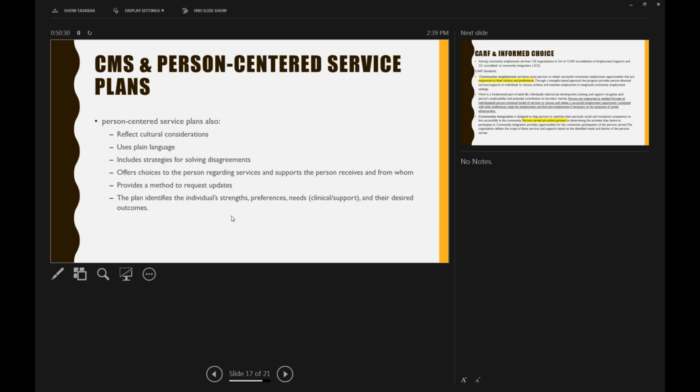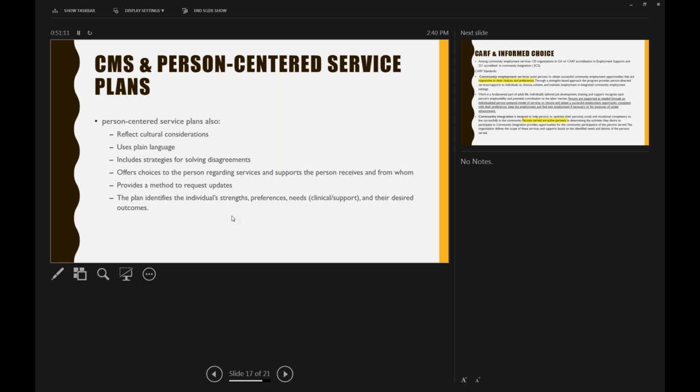I believe oftentimes agencies have a template for the different service plans, and it's not a very flexible document as far as how to document certain things. You kind of get used to checking boxes. So a good place to start in ensuring that the organization you work for is meeting these mandates and providing the informed choice that the person has a right to is having those conversations within the organization.